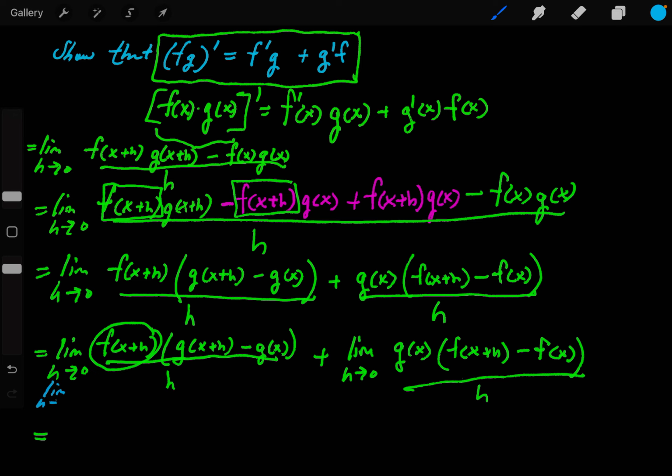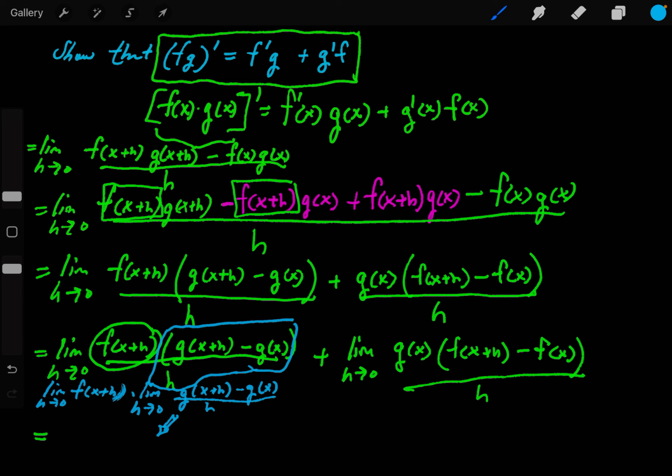The limit as h goes to 0 of f of x plus h times the limit as h goes to 0 of this limit, because that's just the product of the two: g of x plus h minus g of x over h. And then this here is g prime of x. And this here is just f of x, because as h goes to 0, this part goes to 0, and then this just becomes f of x.